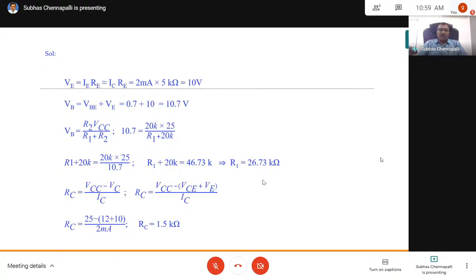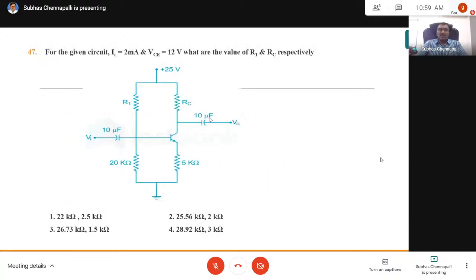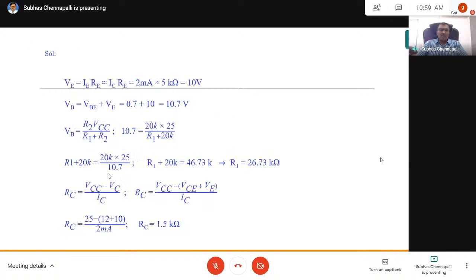Okay. Now I want to calculate the RC. RC, this one. So VCC. Suppose I take this as VC, and say VC is equal to VCE plus VE. So that's what is written here. RC is equal to VCC minus VC by IC. Then VC is VCE plus VE, so RC is VCC minus (VCE plus VE) by IC.